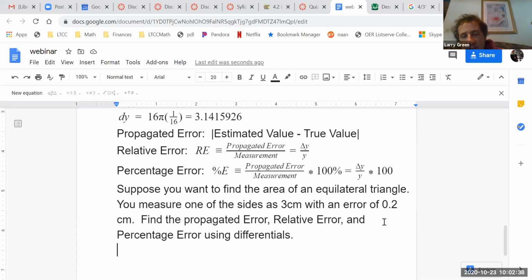All right, so what do I have to do? What do I have to do that you may not be able to do? And it's not hard calculus. Calculus is not the hard part of this one.